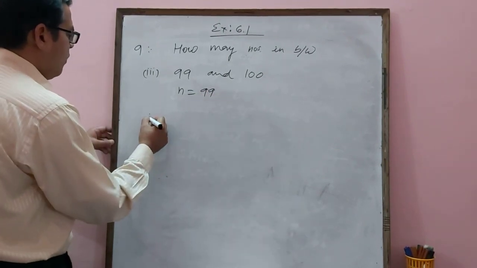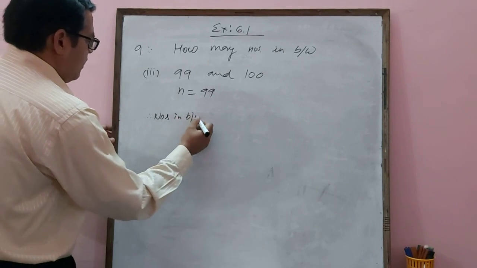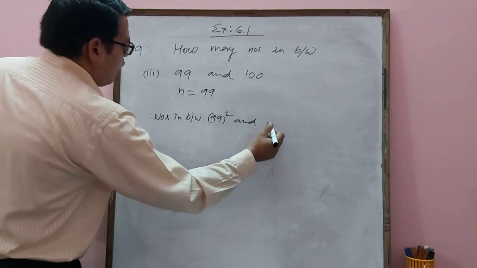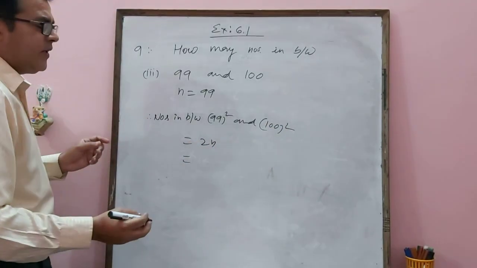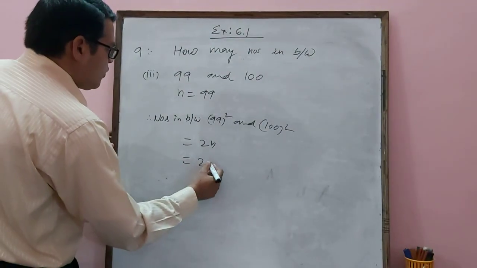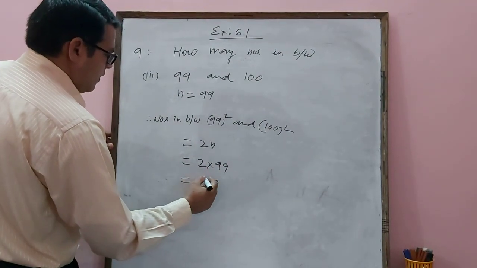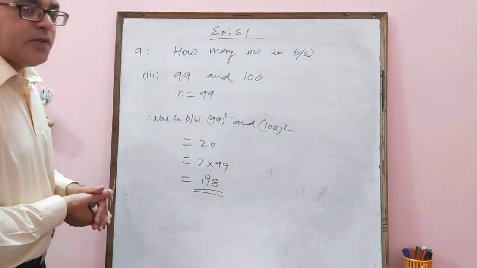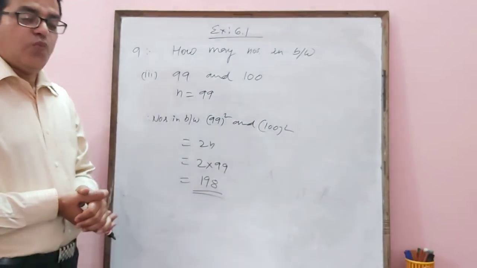Therefore, the numbers in between the square of 99 and the square of 100, the formula is 2n. This is very, very simple. So 2 into 99 is 198. 198 numbers are there in between the square of 99 and 100.